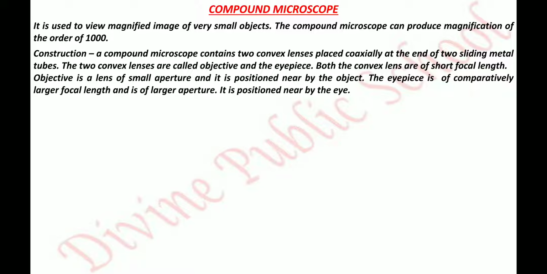In the compound microscope, there are two lenses. One lens is called the objective, the other lens is called the eyepiece. The objective is called so because the object is kept in front of it, and near the eyepiece we keep our eyes. These two lenses are of short focal length.